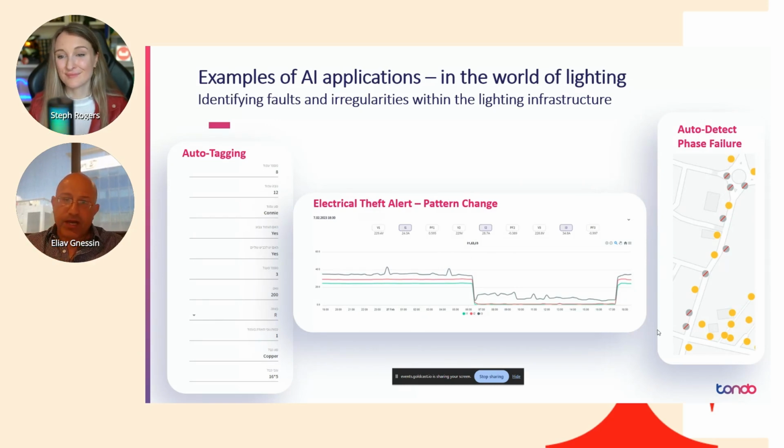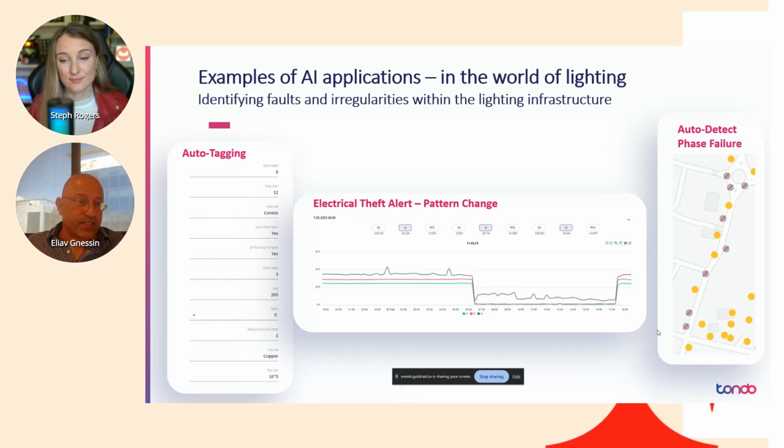So having talked about AI, I just want to give some examples of how we actually provide value using AI. You see on the left-hand side, one of the examples is auto tagging. I'm an installer. I come to the pole, I put the controller on the pole, I activate the electricity, and now in traditional systems, usually you take the installer through a very tiresome list of screens to type in information about the controller.